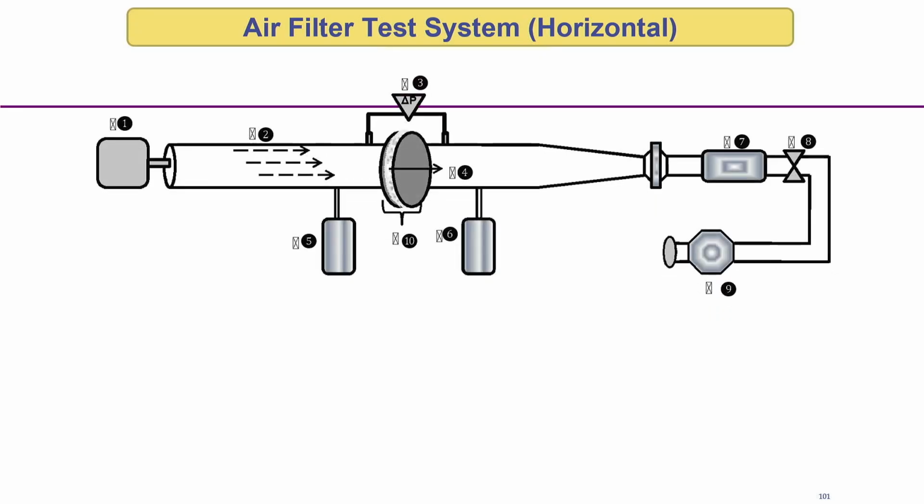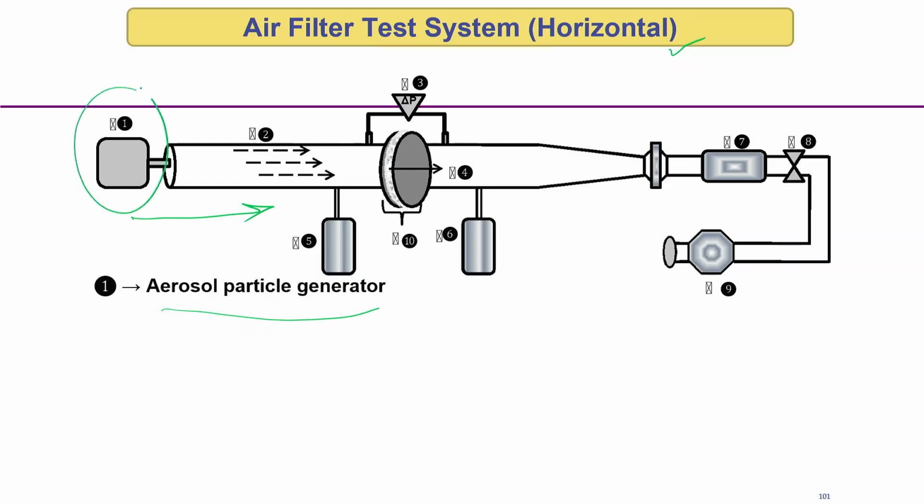Another system was developed where the measurement is in the horizontal mode, where the air is flowing in the horizontal direction and the filter is placed. Now, it has got different components. First is the aerosol particle generator.